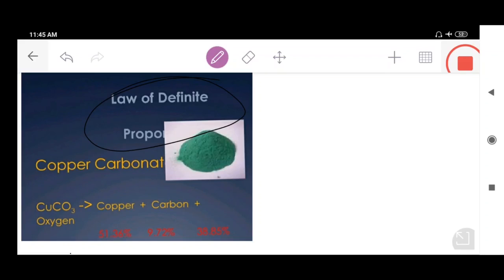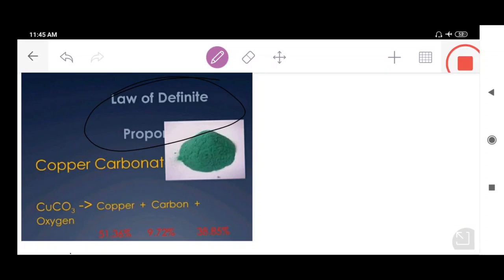There should be a definite proportion whenever the elements combine with each other to form a compound. That's why the statement tells us that in a pure chemical substance, the elements are always present in definite proportions by mass, or a pure chemical compound always contains the same elements combined together in the same proportions by mass or weight.